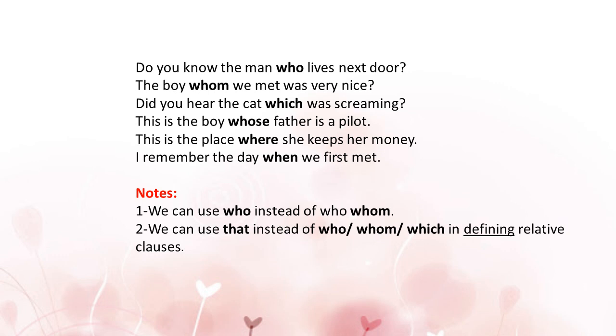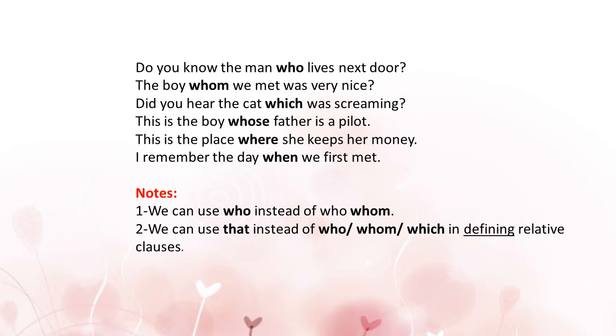So again, who for people, here it's subject position. Whom also for people in object position. Object, it means that we need object. We met. Whom we met, the boy. So here object. But in the first one, who lives, we need subject. So it refers to the man.